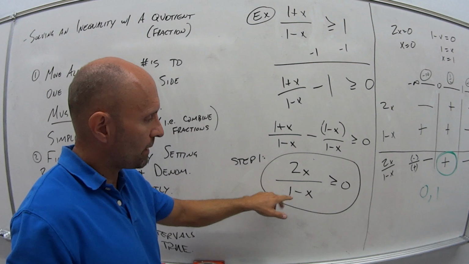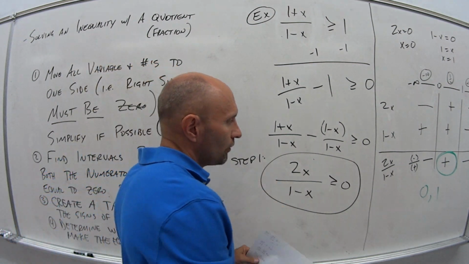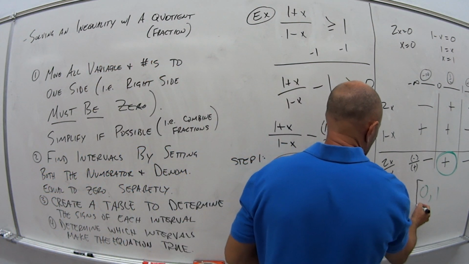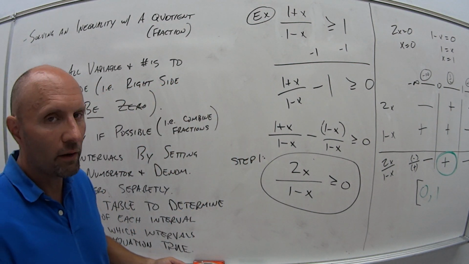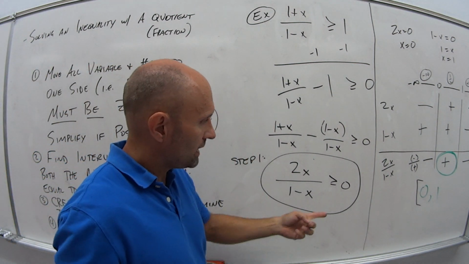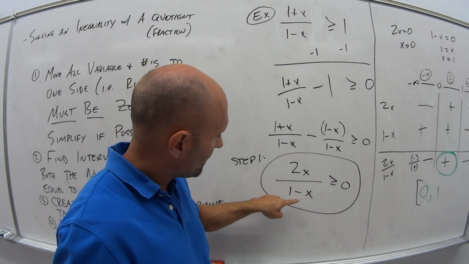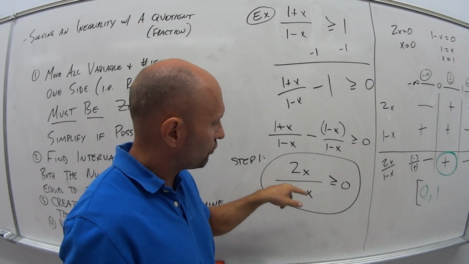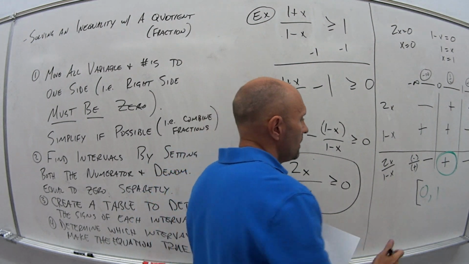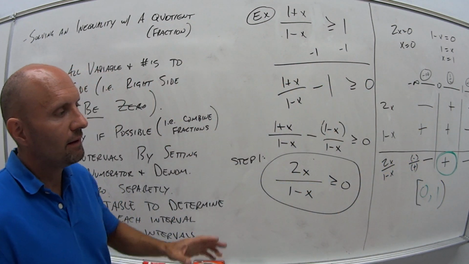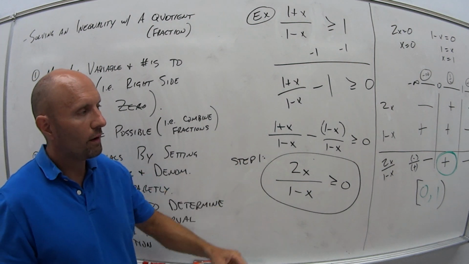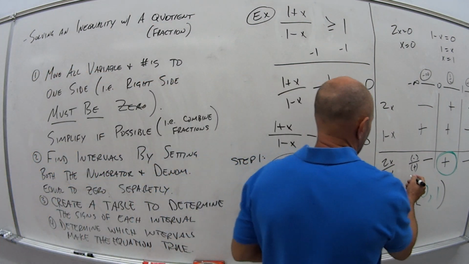I don't have to worry about the denominator being 0. So it's okay if I include 0. But can I include 1? And the answer is no, right? Because if I plug in 1, that makes this denominator, 1 minus 1, 0, undefined. So my interval is 0 to 1. 0 is included, 1 is not, and that would be my answer.